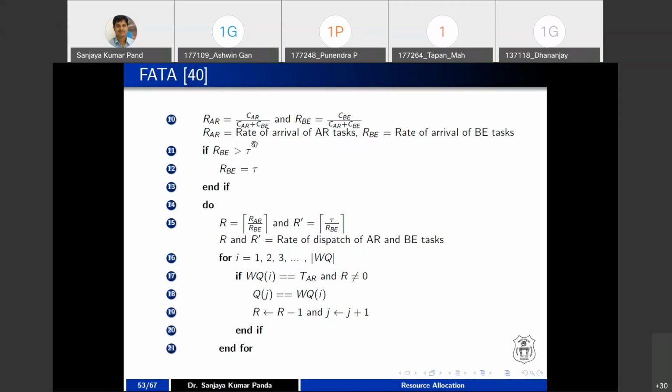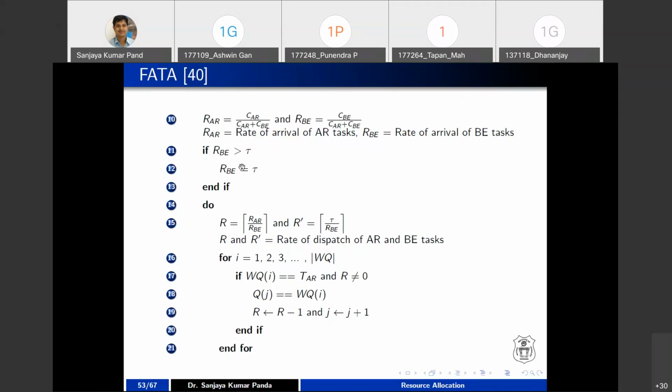If the tau value is, let's say, 0.2, what you are doing is assigning 20% of the B leases prior to the advanced reservation lease. So based upon the scenario, you have to choose the tau value.